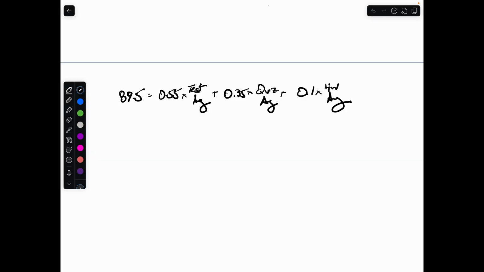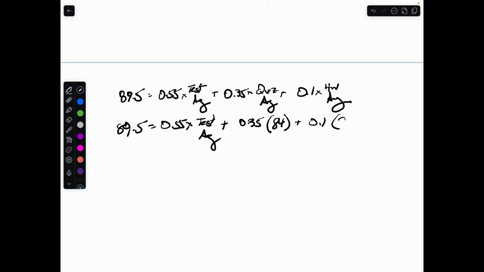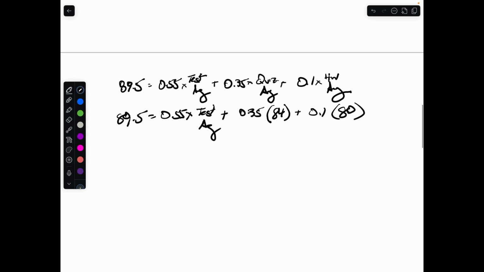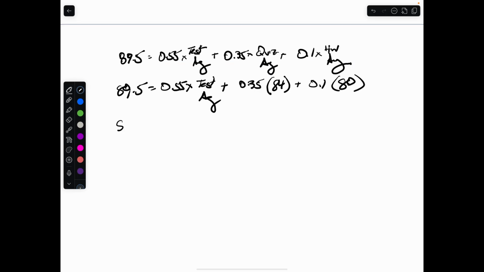So these numbers are the same as they were up above, right? 89.5 is 0.55 times the test average plus 0.35 times the quiz average from above, which was an 84, plus 0.1 times the homework average, which was an 80. These numbers we have already calculated.